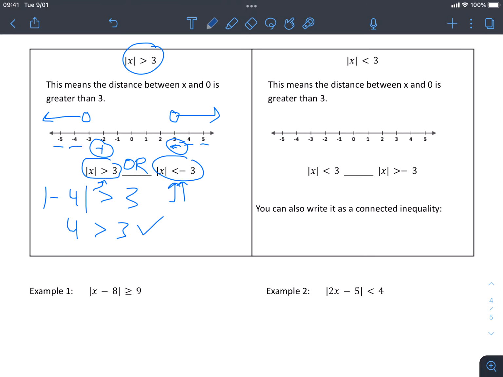In the second case on the right, say I had the absolute value of x is less than 3. So I'm looking at numbers that have an absolute value, or a distance from 0, that is less than 3. All of these numbers have an absolute value that is less than 3.